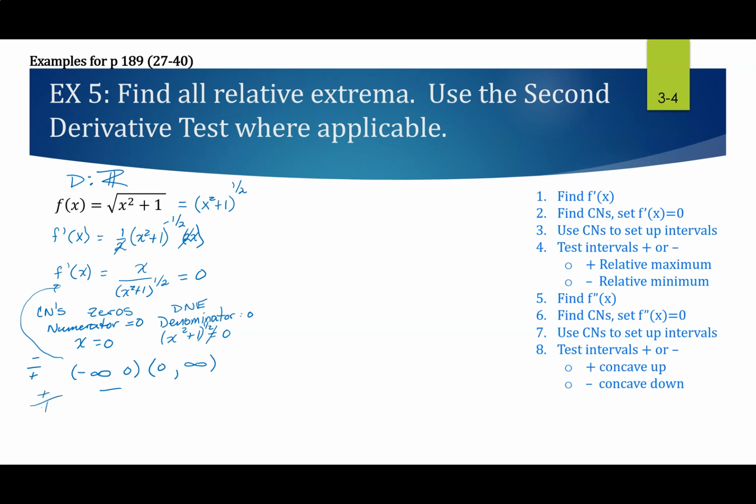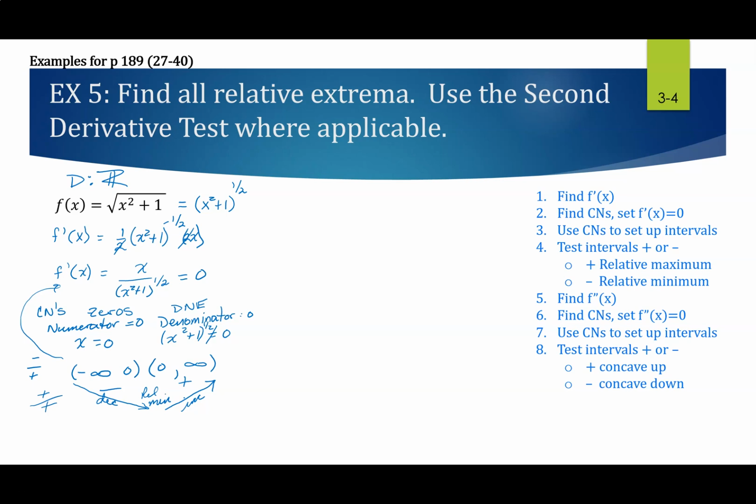We already know the denominator is always positive, therefore positive interval. So f of x is decreasing and then increasing, because this is what my slope tells me. My first derivative is my slope. That means if it decreases and it increases, that's the shape of my graph, roughly. And there's a relative min at 0.